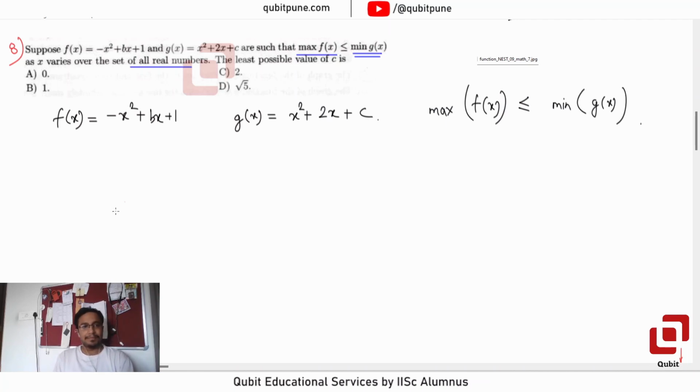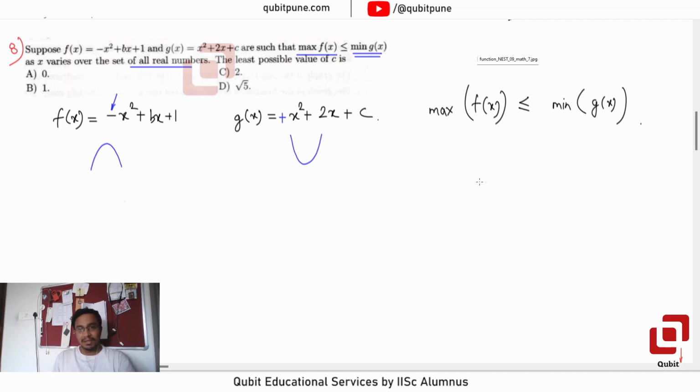First observation: because of this negative sign, the graph of f of x will be an inverted U, right? And the graph of g of x, because it is positive, will be something like this. Now what they basically want to tell us is a condition involving c, such that the largest value of f of x should be less than or equal to the minimum value of g of x.